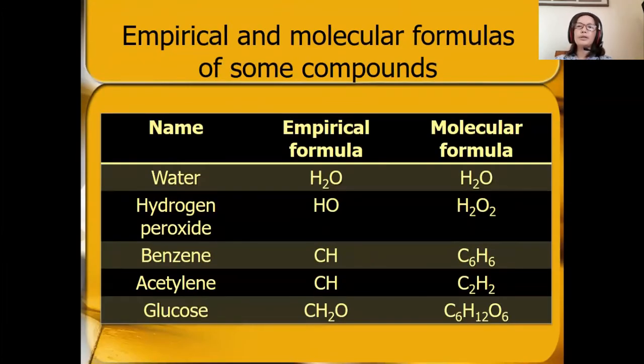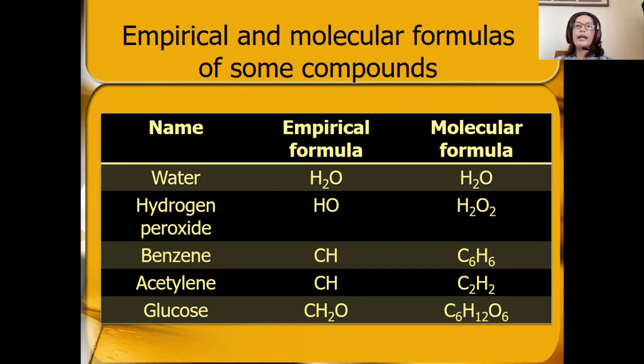Okay, so you look at the table. Here you will see the difference between empirical and molecular. If you will notice, for example, water has the same empirical and molecular formula.